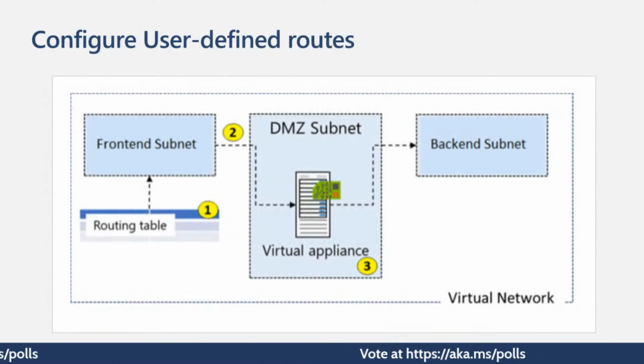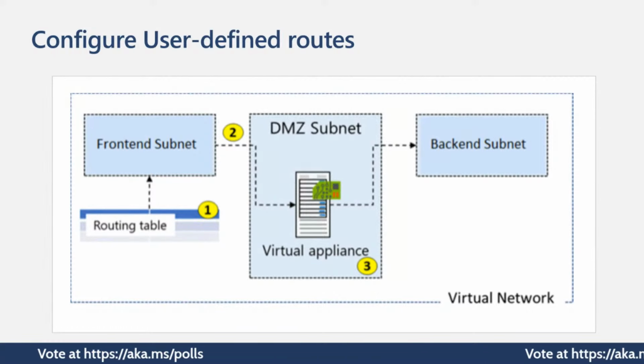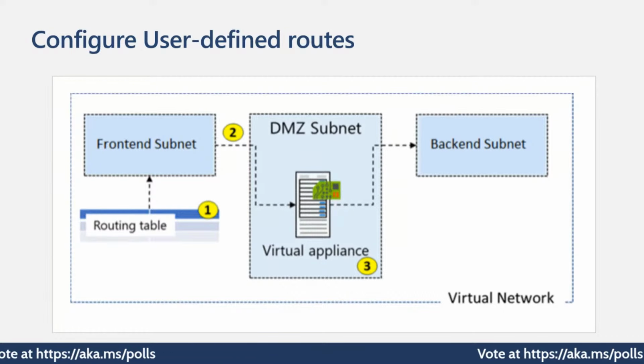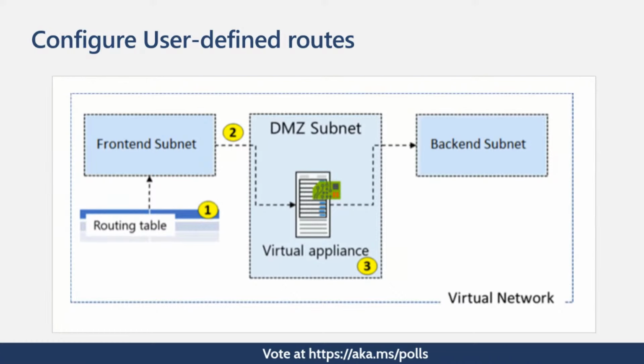Now, this last piece here is relating to essentially putting each of the pieces of the puzzle together. In this case, we have 3 subnets: our front-end subnet, our DMZ subnet, and our back-end subnet. With that user-defined route, I mentioned, hey, we want to make some pit stops. We want to essentially define this traffic flow.